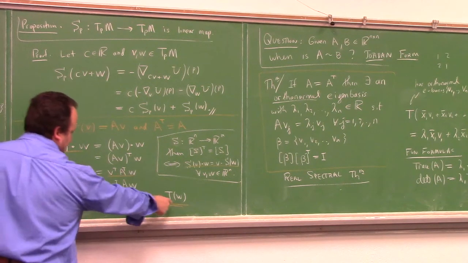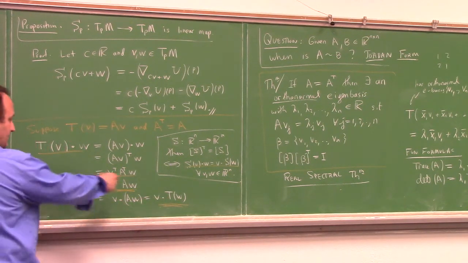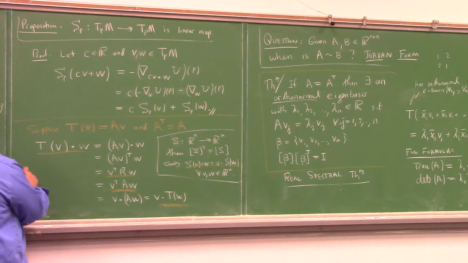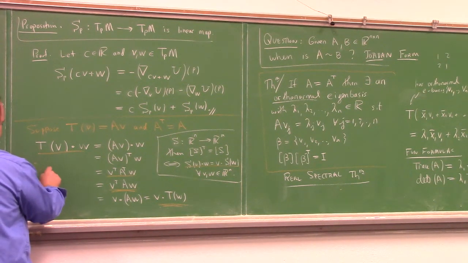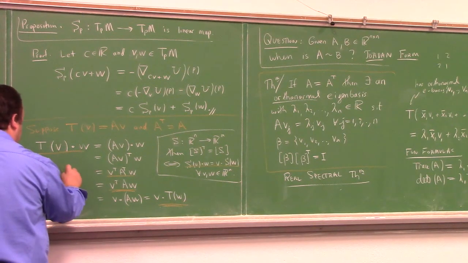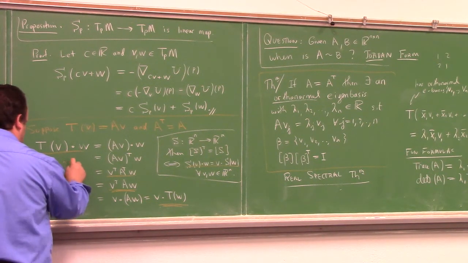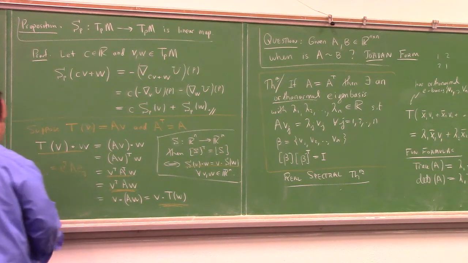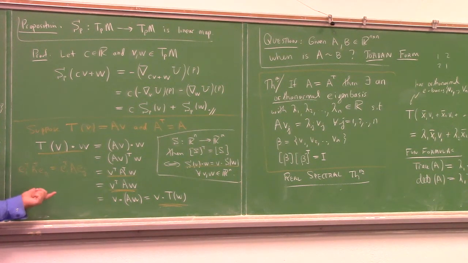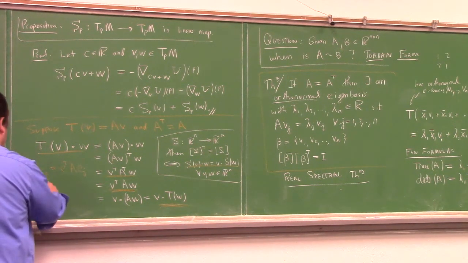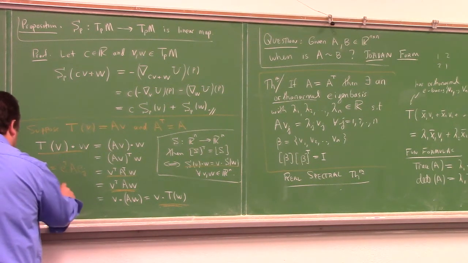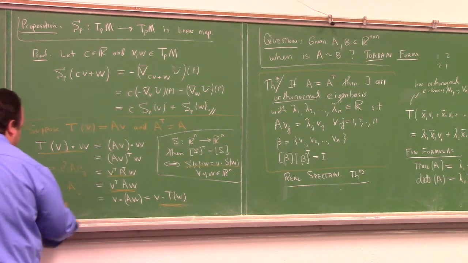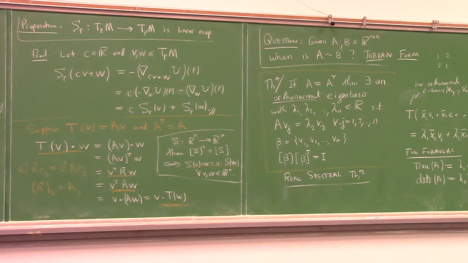So if this holds for all v and w, you can apply it to the standard basis and get e_i transpose A transpose e_j is equal to e_i transpose A e_j. If that's true for all i and j, then the ij-th component of A transpose is equal to the ij-th component of A. So I'm convinced that this is in fact a theorem.